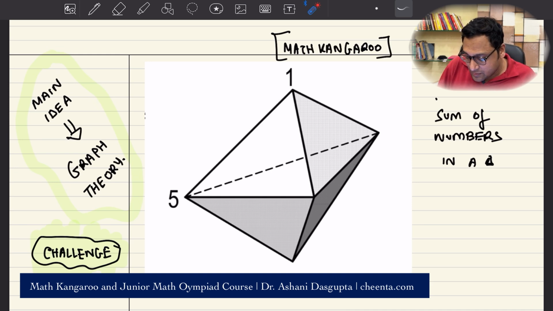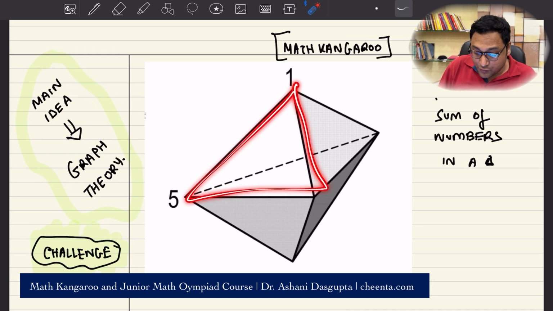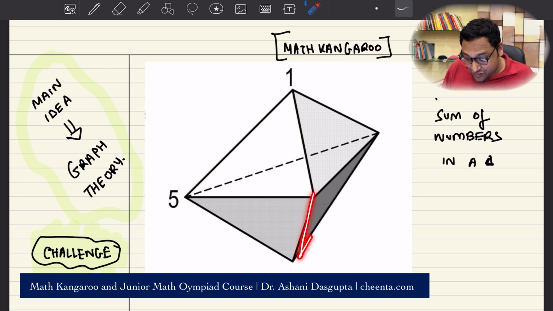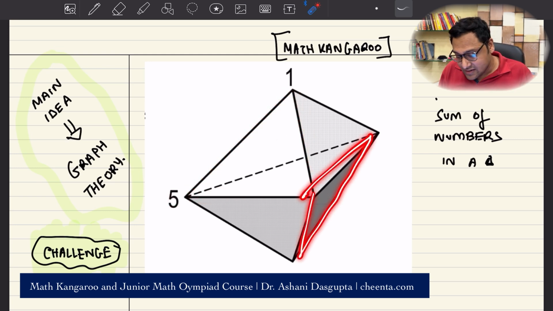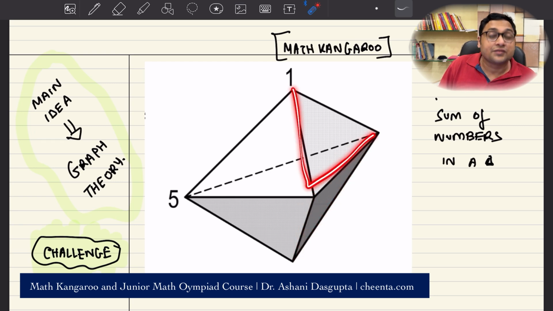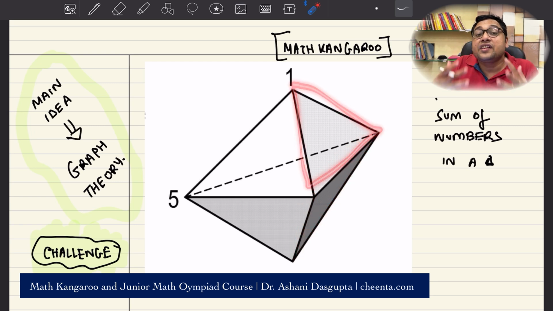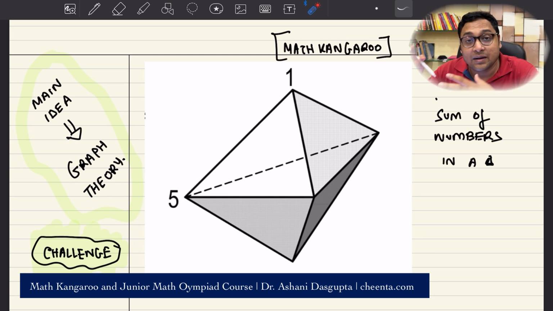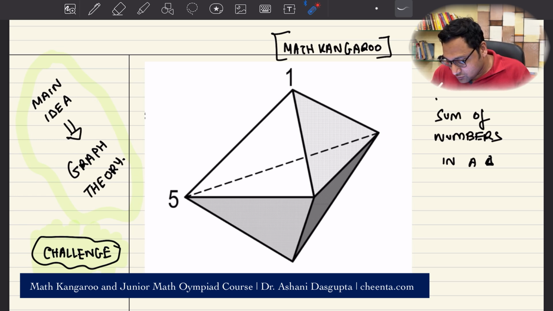So suppose it's 15. If you take the 3 numbers in the 3 vertices and add them up, for this triangle it's 15. If you do it for this triangle, it would also be 15. For this triangle, it would also be 15. For every triangle, if you add up the 3 vertex numbers, it would add up to the same thing. So that's the magic sum.